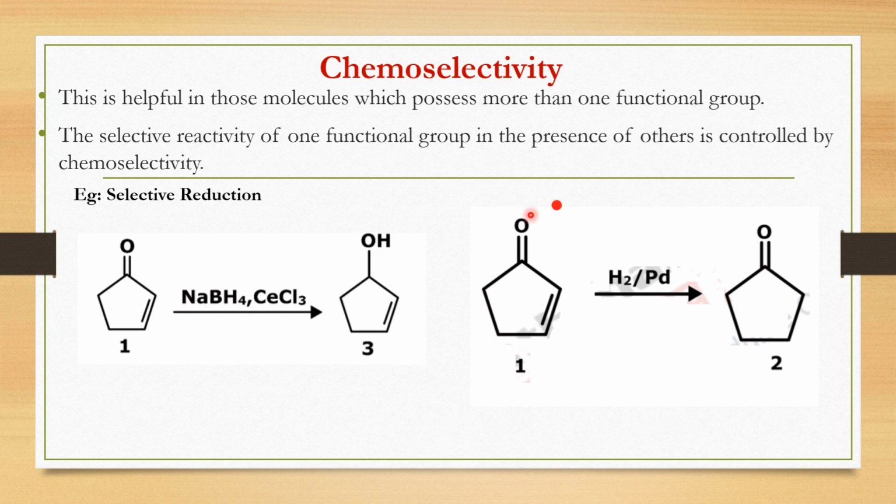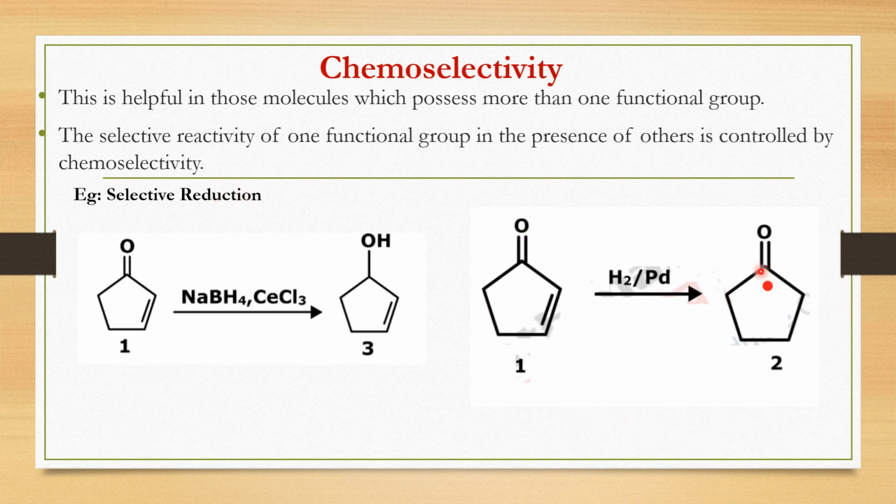Now one of you explain to me what is happening in this reaction. Who can do that? Just unmute yourself. What have we selectively reduced in the second reaction? See, the reactant is the same, but the product is different. The product is different because the reagent we have used is different. But both are reduction reactions. So what are we doing over here?